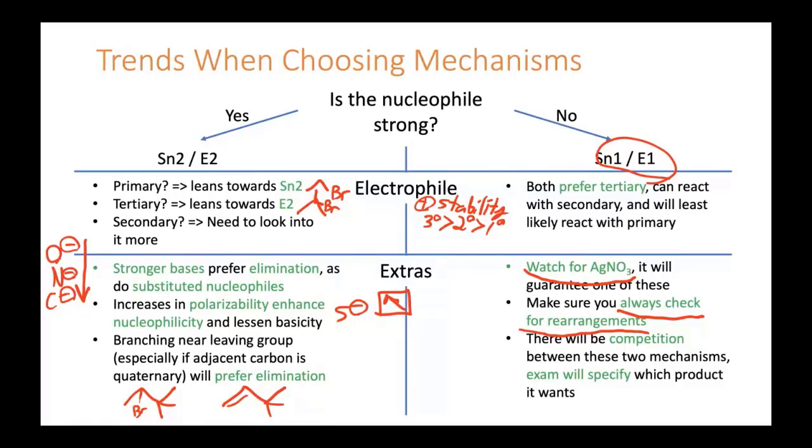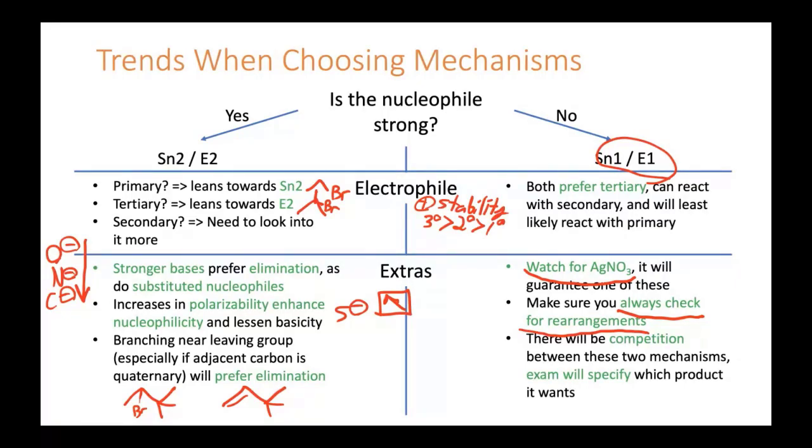Or it will say, give us the major elimination product. So again, it won't tell you to do E2 or E1. It'll just tell you to do elimination.